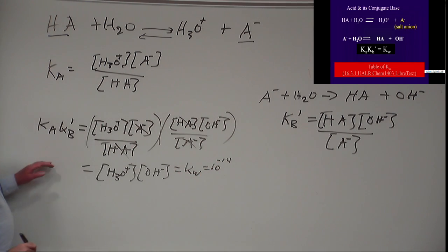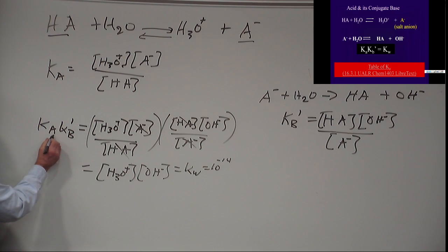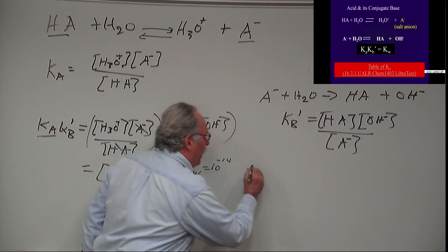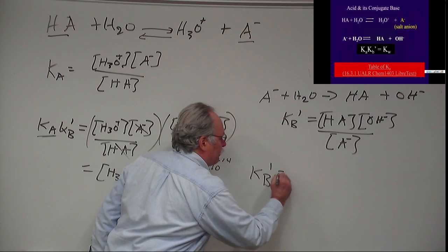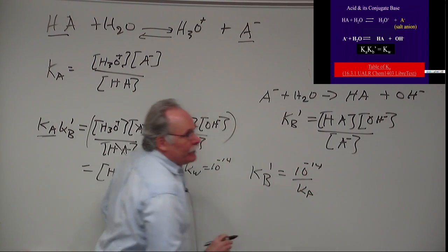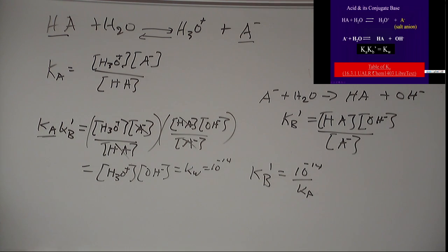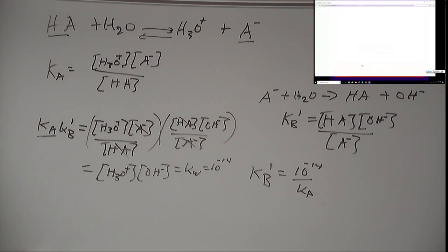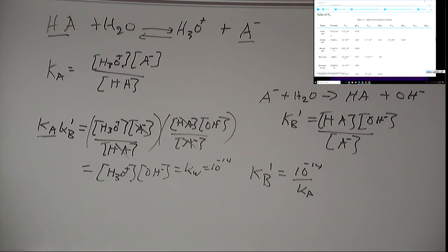Now this is important, because what this is saying is if I have a table of Kas, I can calculate the Kb prime of its salt. So Kb prime is equal to 10 to the minus 14 over Ka. So going back over here into the Liber text, I have here a table of Kas for weak acids.